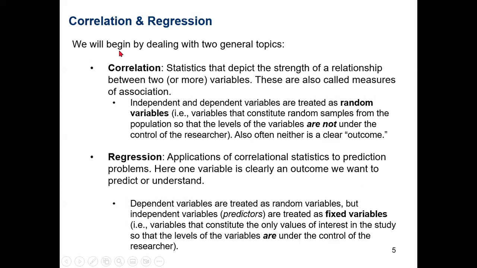So now, we will begin by dealing with two general topics. Once you have checked a scatter plot and it is linear, then you can use correlation. You can move on to the second analysis, correlation. A scatter plot does not show a number. It just shows eyeballing, a simple and quick visualization, but correlation provides a number.